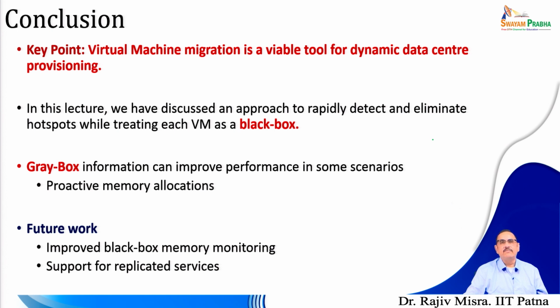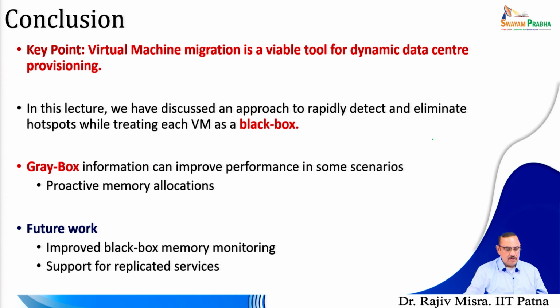In this lecture we have discussed an approach to rapidly detect and eliminate hotspots while treating each virtual machine as a black box. Gray box information can improve performance in some scenarios, through proactive memory allocation.